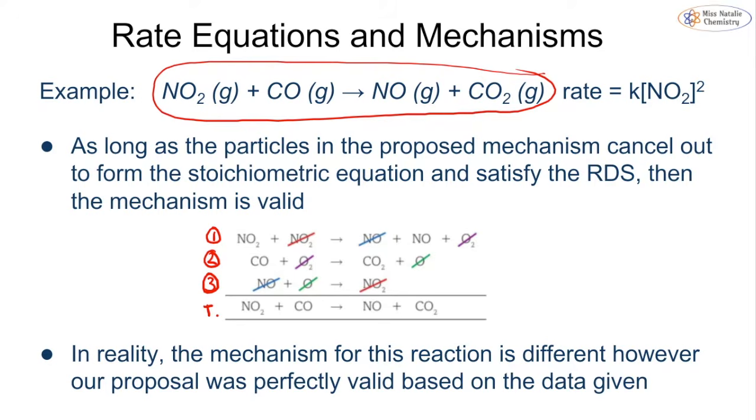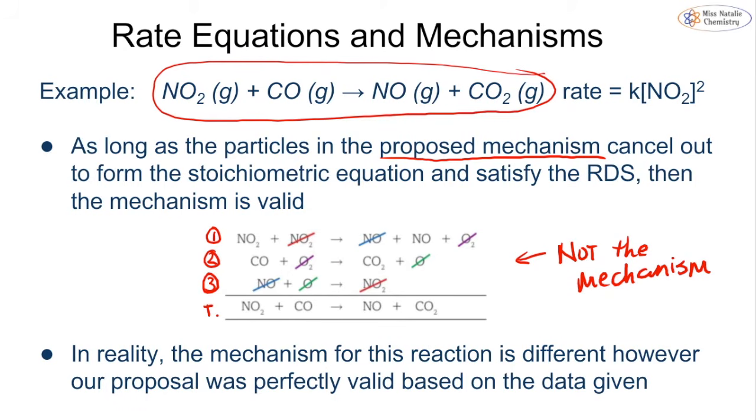Now, in reality, the mechanism for this reaction is completely different. This is not the mechanism. However, that is not the point in these questions. The point in these questions is to provide a proposed mechanism. So it's what do you think could happen?